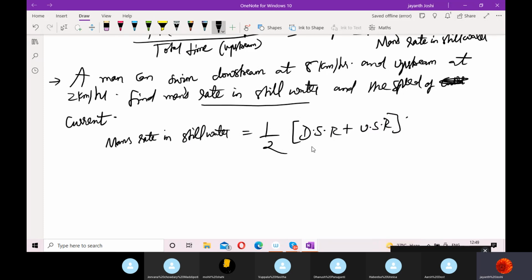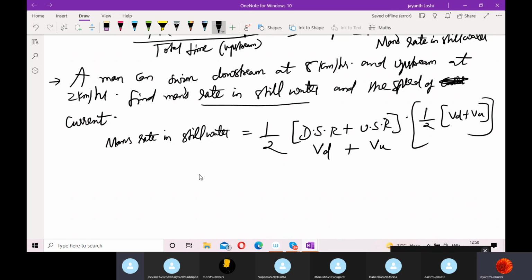I gave you half of VD plus VU for still water, correct? Now, what is your downstream rate? 8 kilometers per hour. What is your upstream rate? 2 kilometers per hour. Just take this.